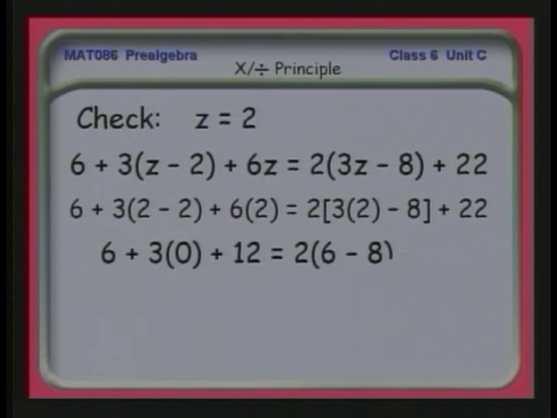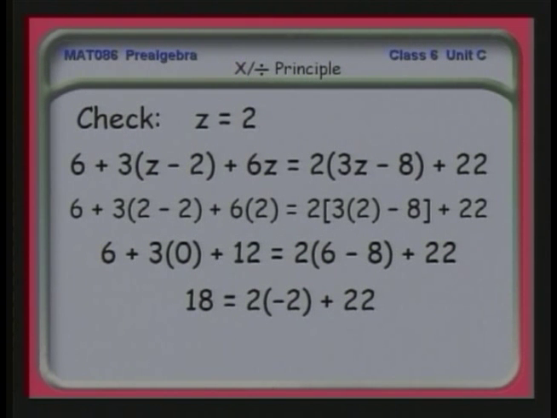Continuing with the math, I get 6 plus 12, that 3 times 0 goes away, is equal to twice the quantity 6 minus 8 plus 22. We continue working on this, and 6 plus 12 is 18 on the left. 6 minus 8 in those brackets is minus 2, and I'm left with that.